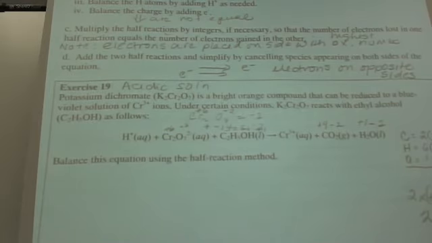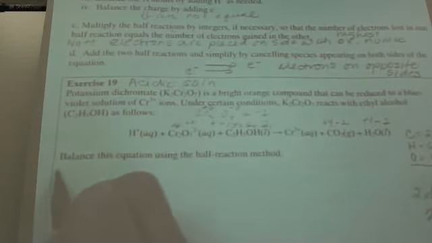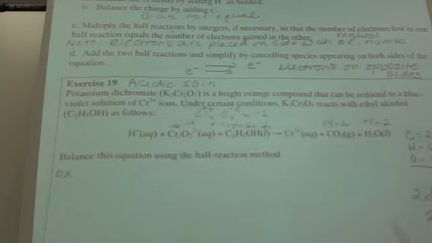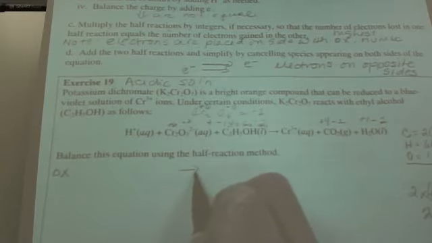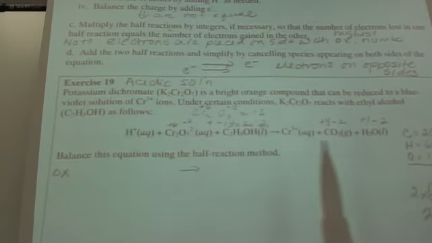Okay, now that we have assigned all our oxidation numbers, we are going to go ahead and start step 1, which is to break apart your reaction into the reduction and the oxidation. I always like to start with oxidation, I don't know why. So I'm going to label it oxidation, and I'm going to look for what's happening across the arrow. An increase in oxidation number.